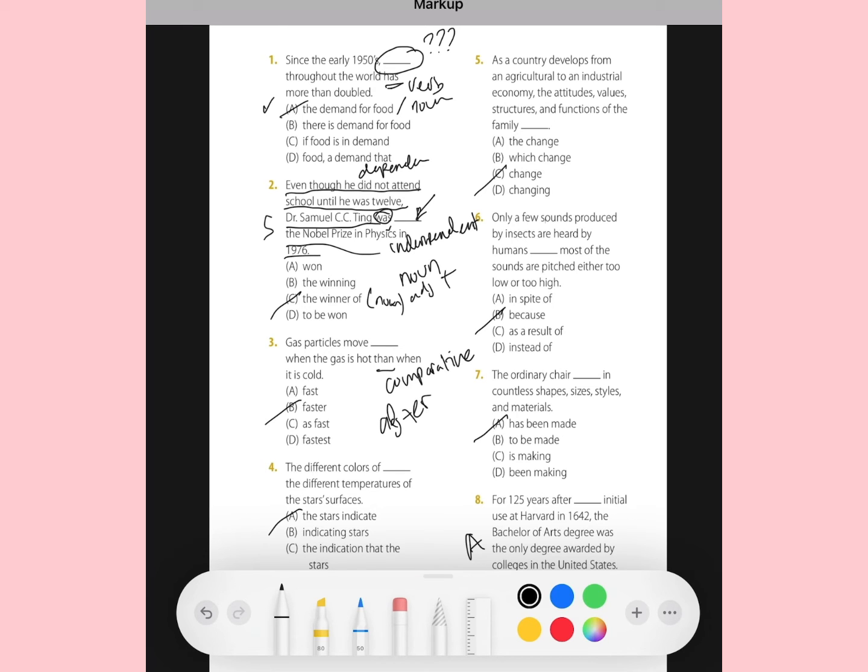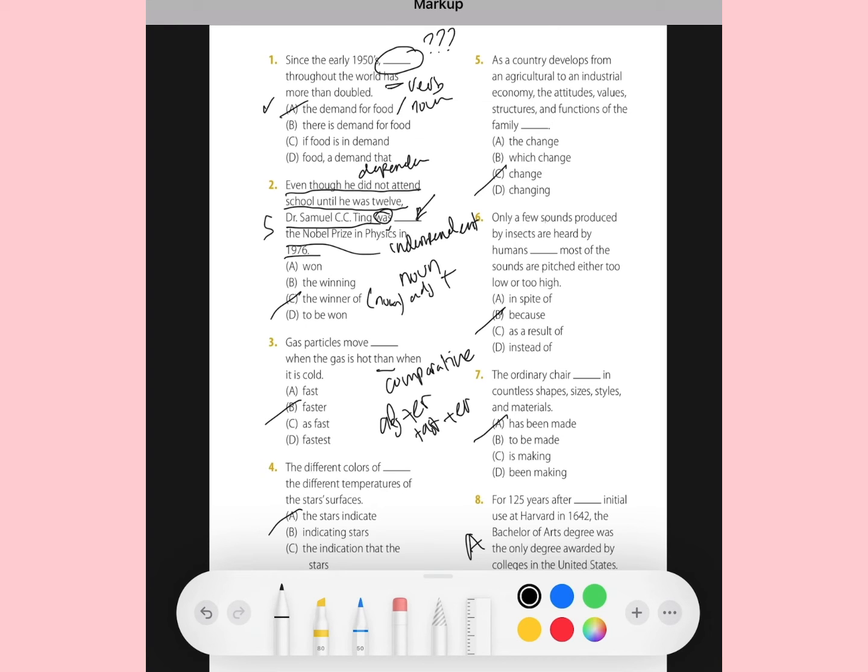Okay, that's a common form of comparative. So the answer must be B. The base form of the adjective is fast, and then since it is comparative, you need -er, faster. Okay, let's continue to number 4.